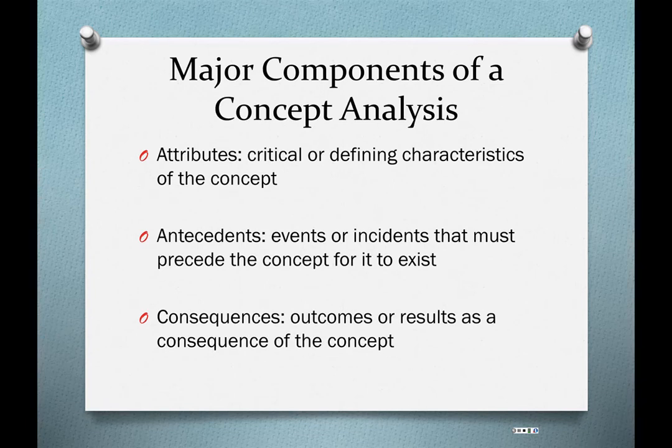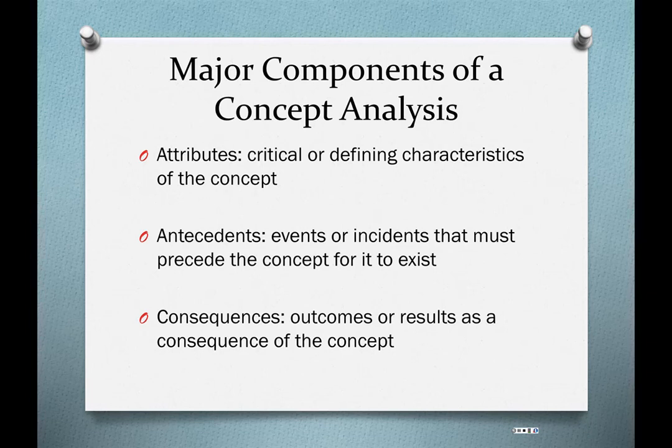So, moving from the definition on your review of literature matrix or format that you've selected, you will then want to also find the attributes that define this concept, that are critical to differentiate this concept from other concepts, and include those on your review of literature matrix.